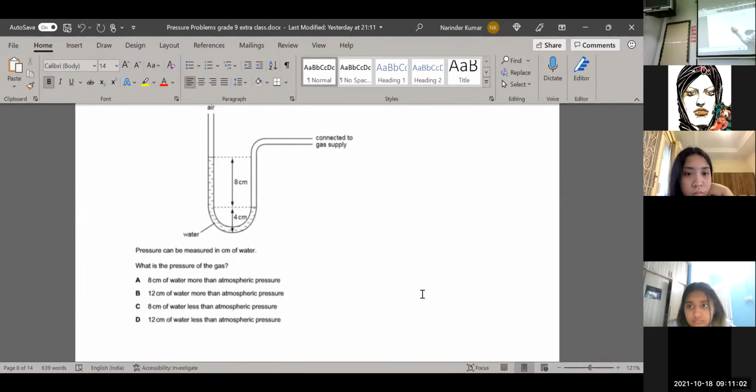If they mention that this point A is here, then you can add 8 plus 4. But right now the pressure difference is the height difference, which is 8 centimeter of water more than atmospheric pressure. Option A.